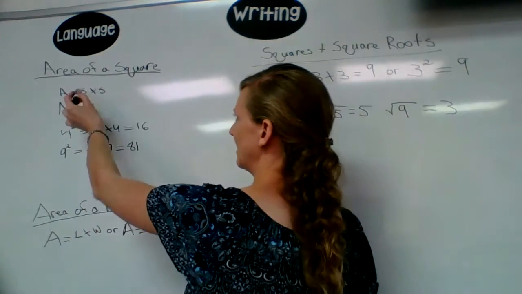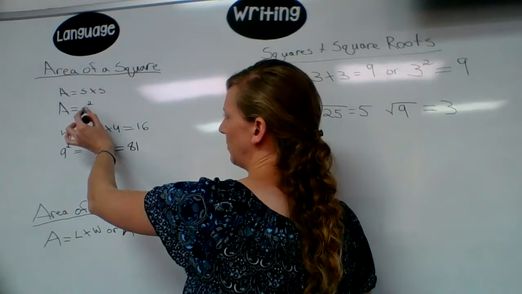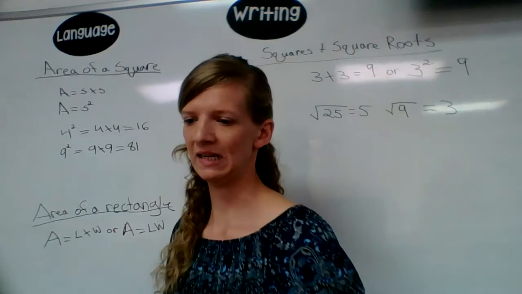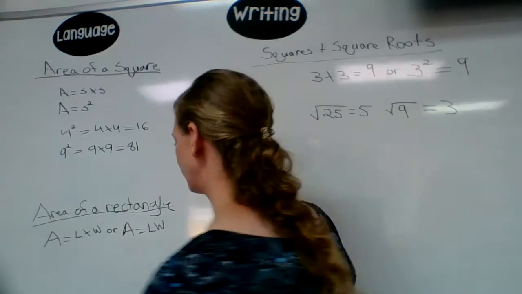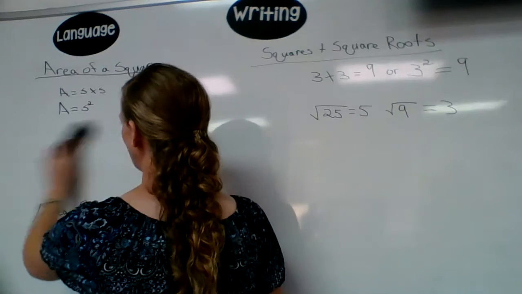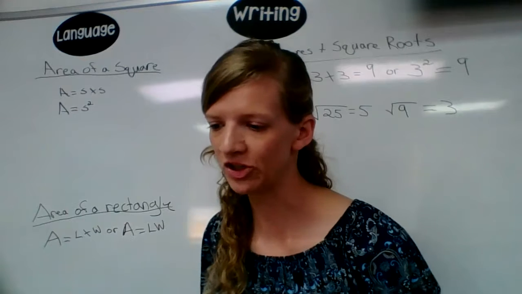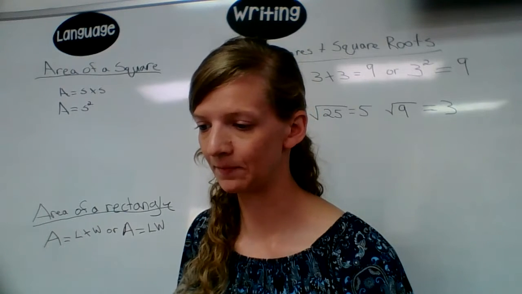This side isn't going to be different from this side, it's going to be the same. So you just do the side times itself. So that is learning squaring, and that's going to come in later on, so make sure you understand it. If you don't understand, ask questions, and I will try to help you understand.